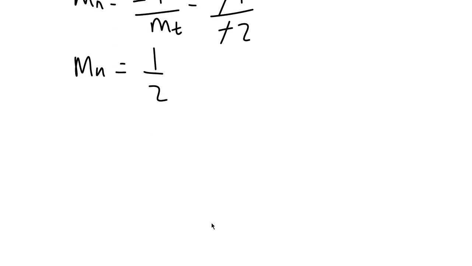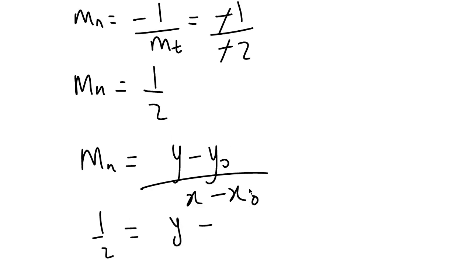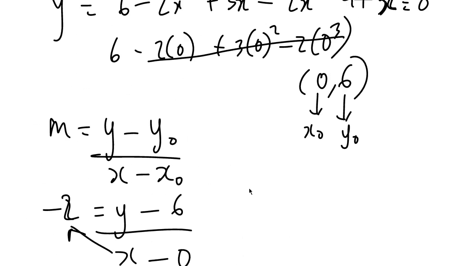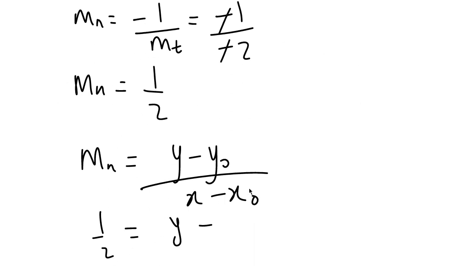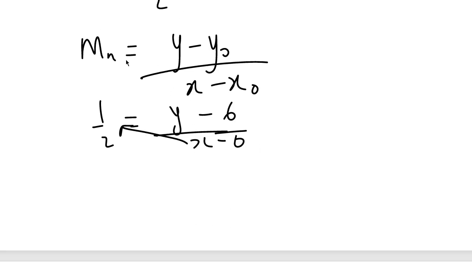So still using the same process, our mₙ will be equal to (y - y₀)/(x - x₀). So the only thing that is changing is the slope. So mₙ is half. So half is equal to y minus, what is y₀? y₀ is 6 and x₀ is 0, right? So (y - 6)/(x - 0). You multiply through by x, right? Because x - 0 is still x.